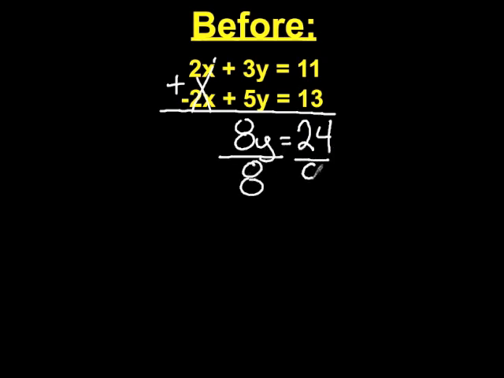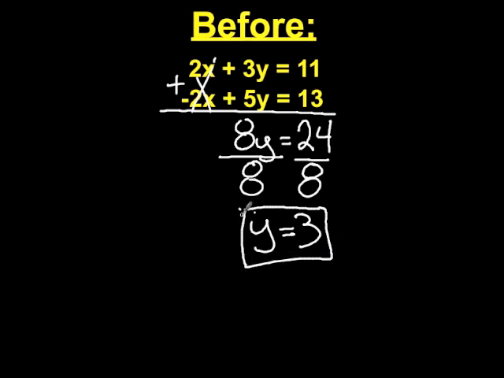Divide by 8. y equals 3. So we'd get our y, then we'd substitute the variable into one of the equations. So I'm going to plug in y just into the top equation. I have 2x plus 3 times 3 equals 11.